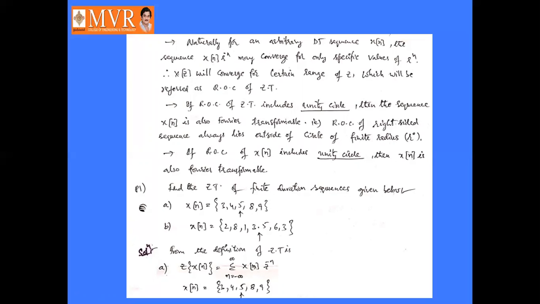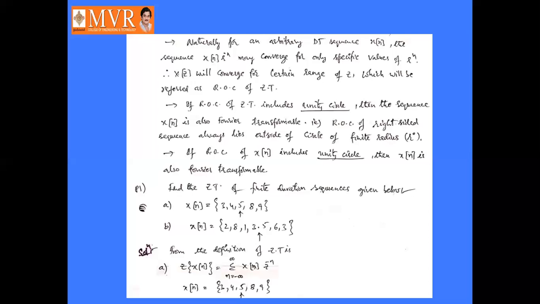If the region of convergence of the Z transform includes the unit circle, then the sequence x of n is also Fourier transformable. Okay, so if the ROC of x of n includes the unit circle, then x of n is Fourier transformable.